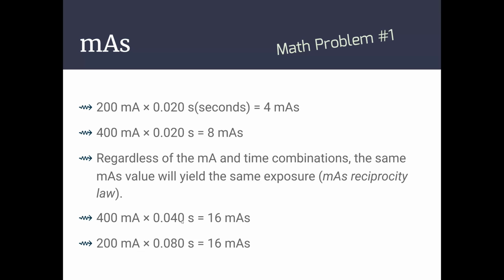So we cut the time in half, but in order to keep that same exposure, we had to increase the MA. So from here, we decreased the time, and then we had to up the MA, milliamperage, to keep the technique the same, the exposure.